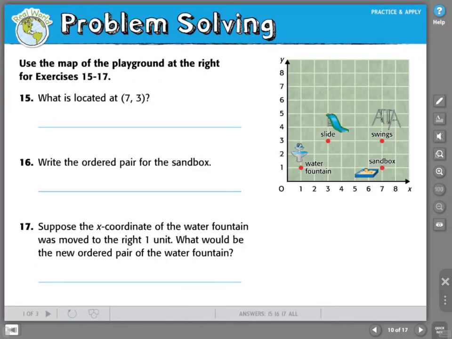Use the map of the playground at the right for exercises 15 through 17. What is located at 7, 3? Well, the first number is my x-coordinate. 1, 2, 3, 4, 5, 6, 7. And the second number is my y-coordinate. 1, 2, 3. At 7, 3, I find the swings.